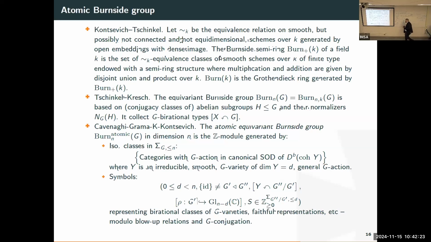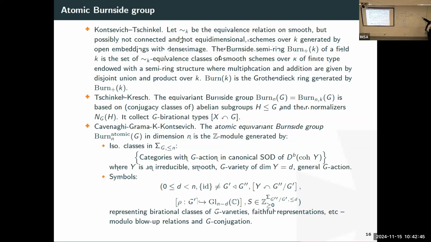So what does this mean from the point of view of birational geometry? We have the minimal model program, and we have these Mori rays. Instead of looking at all Mori rays, we look only at the few of them which are G-equivariant. So we restrict the number of birational transformations that we are looking at.